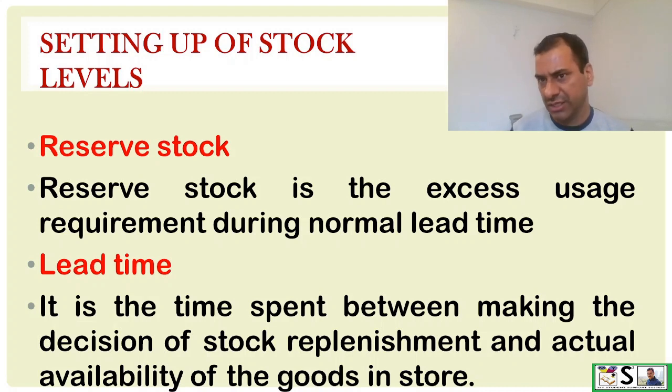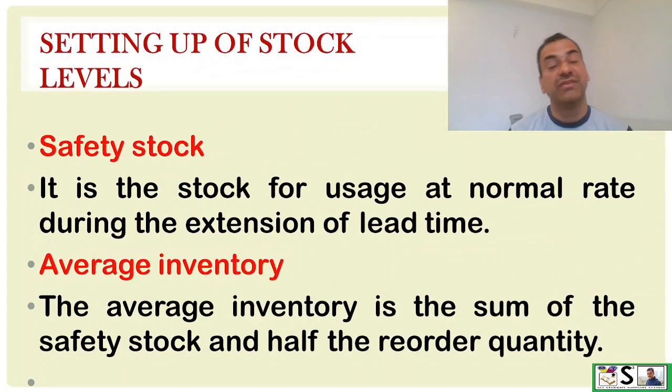Means when demand is created and how much time it will take to receive the articles in the stock. Safety stock. It is the stock for usage at normal rate during the extension of lead time. Then average inventory. The average inventory is the sum of the safety stock and half the reorder quantity.